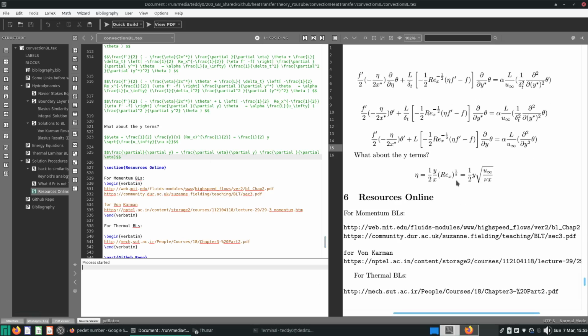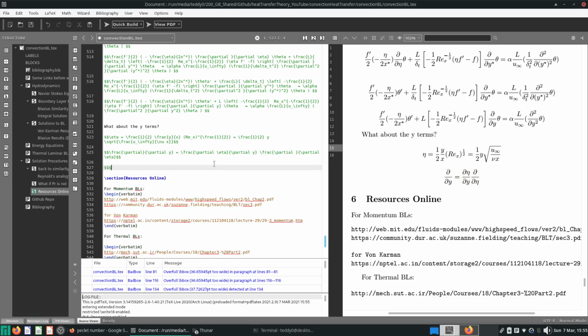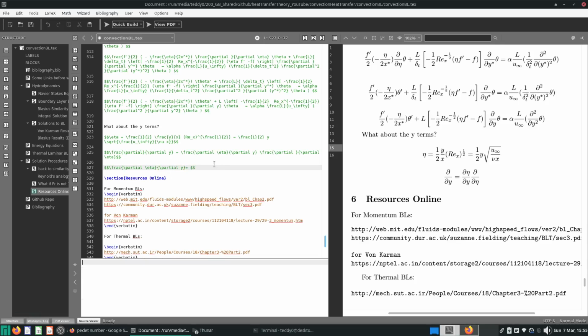So let's do the first bit. I want to find partial eta partial y. Partial eta, not eat. Oh, hope you're not too hungry. Partial y. Okay, what will this be? So we look at this eta term.